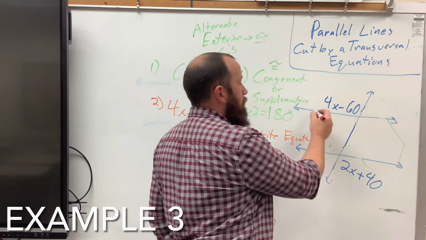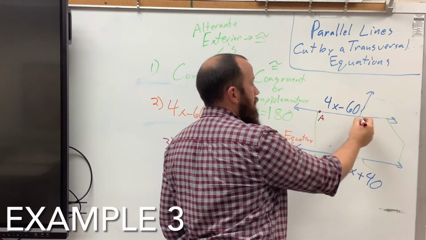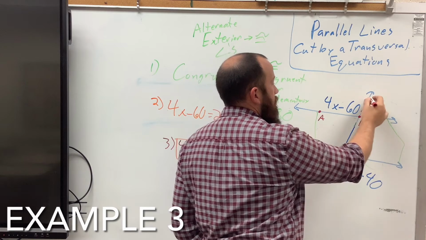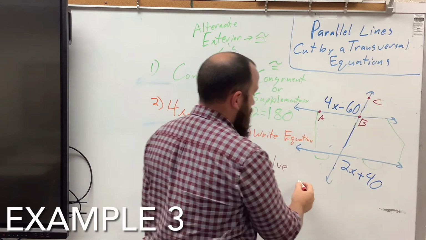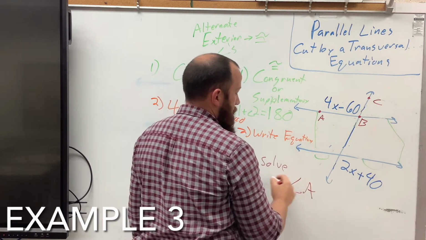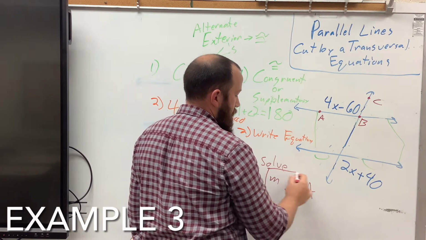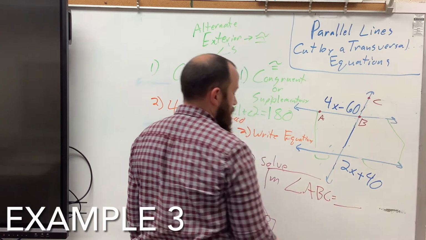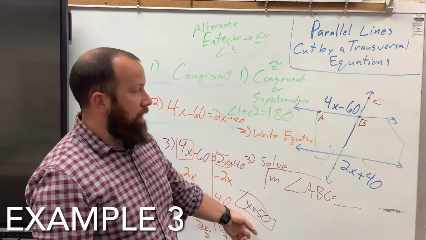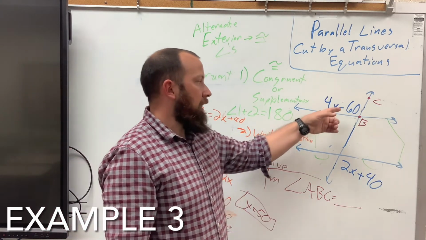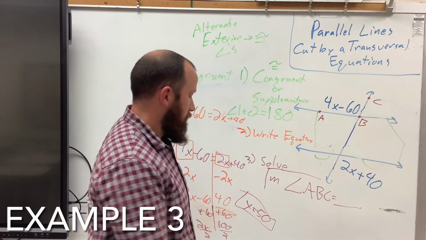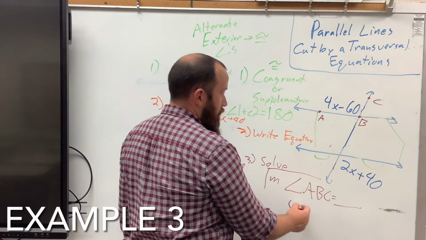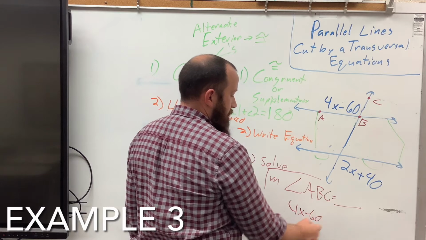So we'll call this one right here A, B, C. I want to know the measure of angle ABC. So to find that, I take my 50 and I plug it back into that equation right there. So to find the measure, 4x minus 60.